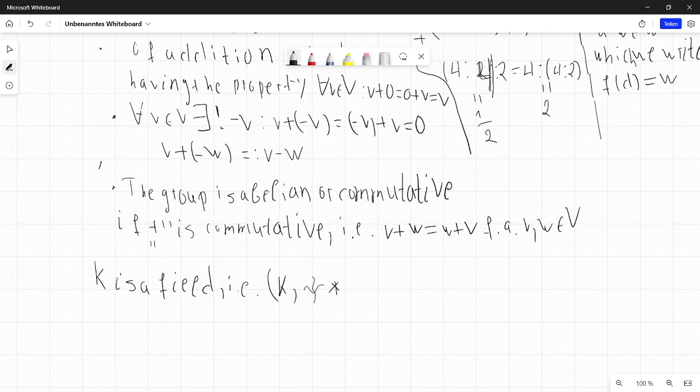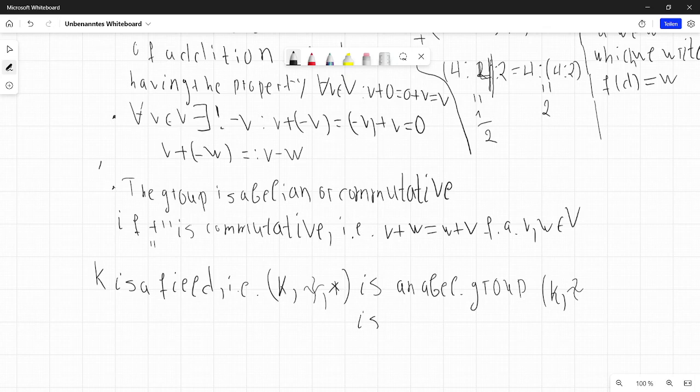It is K with curved plus and star is an abelian group, just like we finished above, with respect to curved plus.